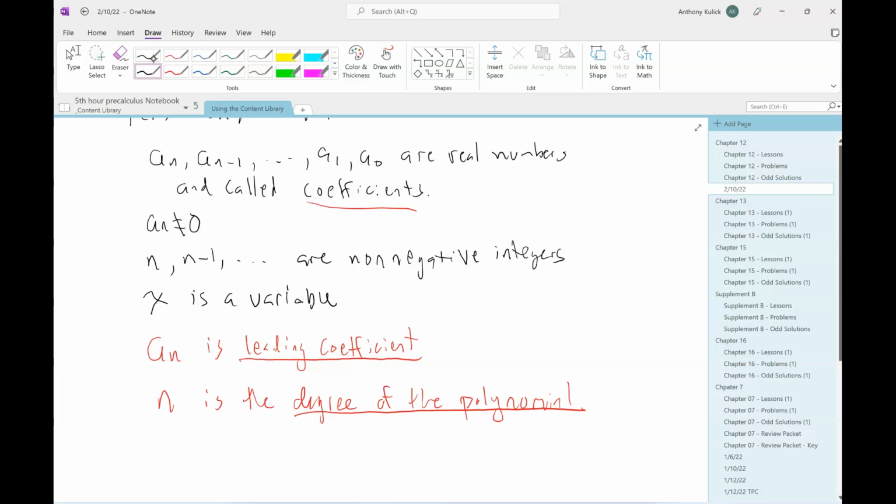So let's take a look at some examples, and we'll just decide whether something's a polynomial or not. And then if it is, we'll talk about its degree and leading coefficient. Sound good?